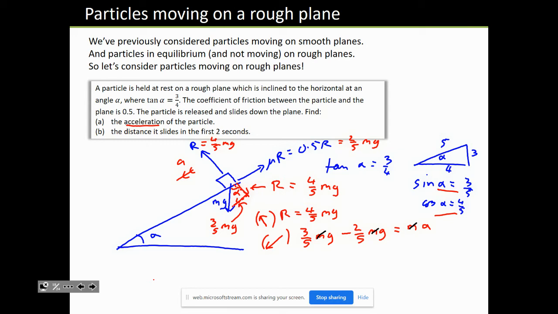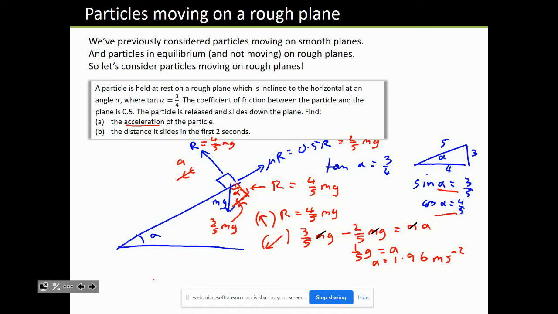And 3/5 g minus 2/5 g is 1/5 g. So our acceleration is 1/5 of g, which means that our acceleration is 1.96 meters per second squared.